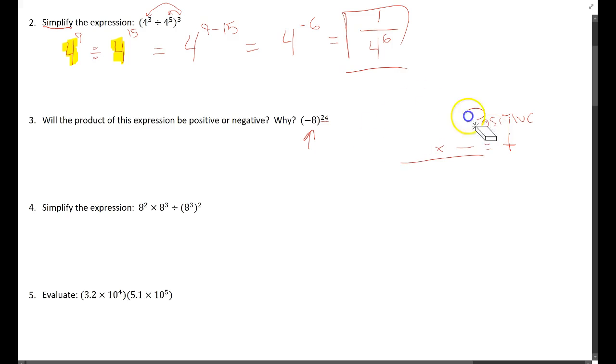If it is odd, so 1, 3, 5, 7, and so on, then it's going to be negative. So in this case, 24 is even, so the product of this expression will be positive.